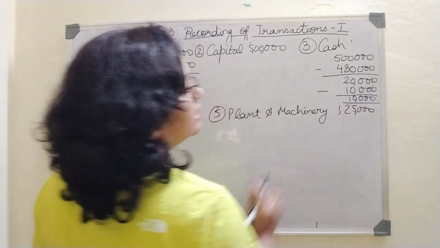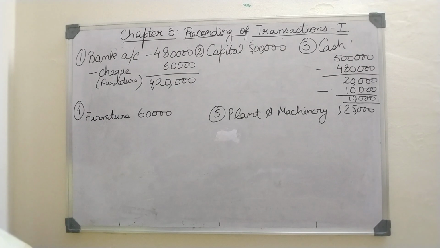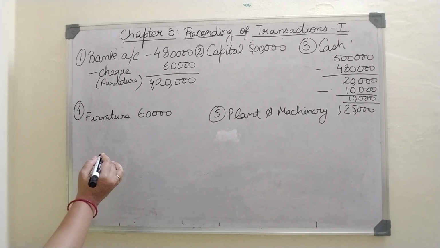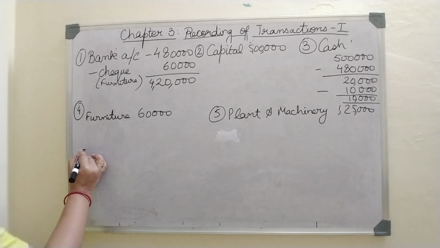10,000, right? Now Ramjilal, I have to pay him how much? 1,15,000, right? So Ramjilal, I have to pay 1,15,000. So Ramjilal is who? Ramjilal is my creditor.